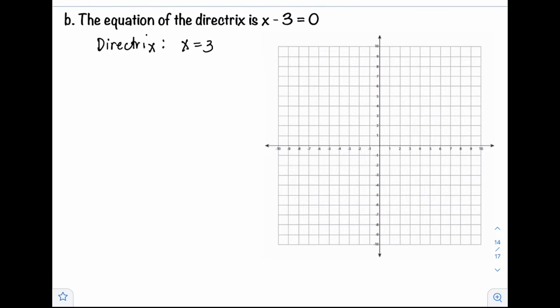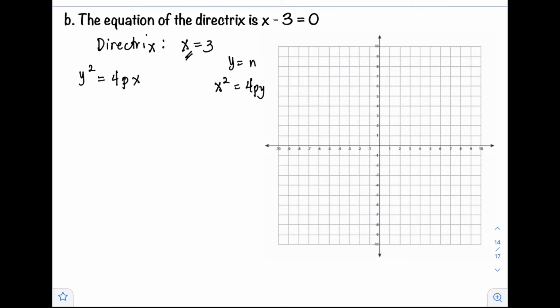Got it? Again, the first thing we do is identify which formula to use in getting the equation of our parabola. Since our directrix has the equation x equals 3, it follows the standard formula y squared equals 4px. If our directrix has an equation of y equals any number, we use the other standard formula, x squared equals 4py.